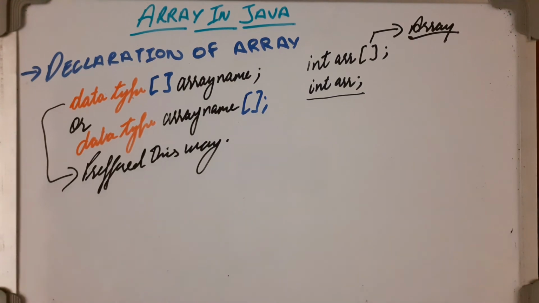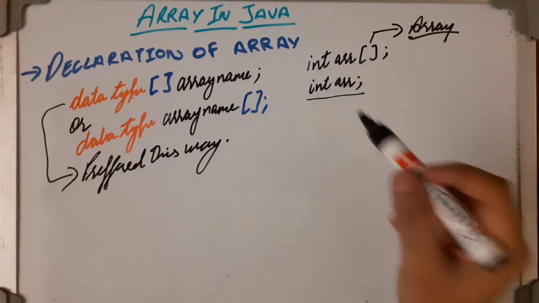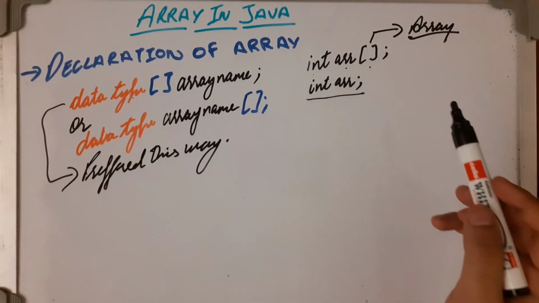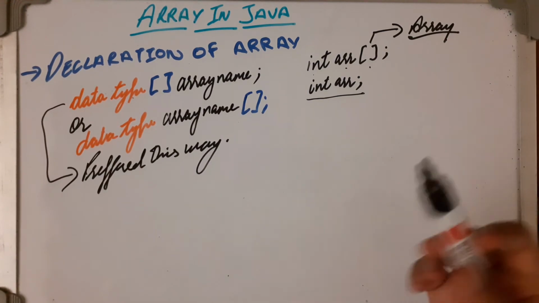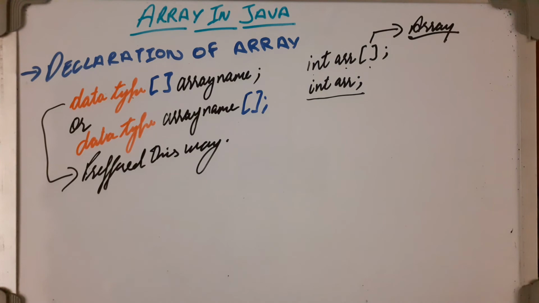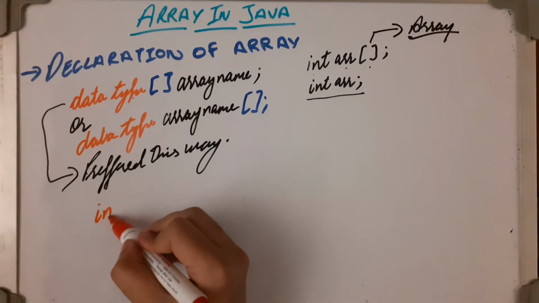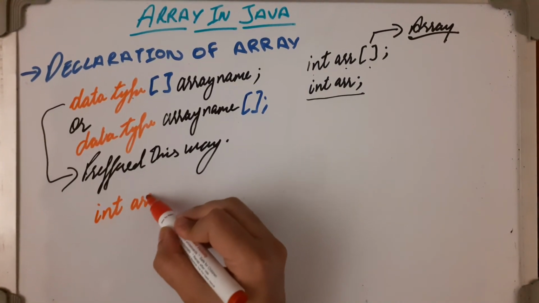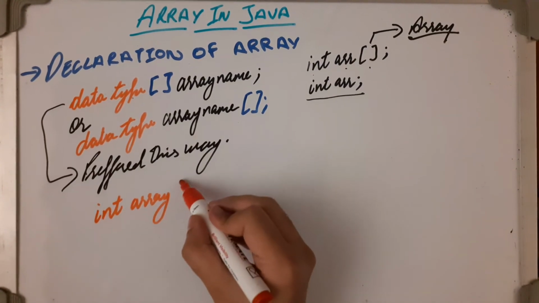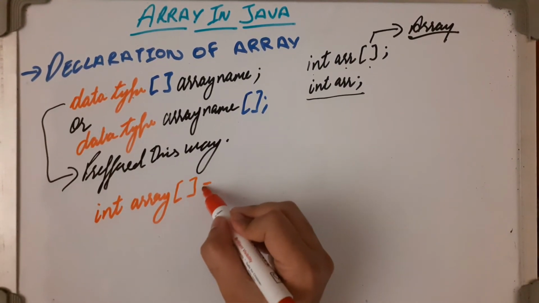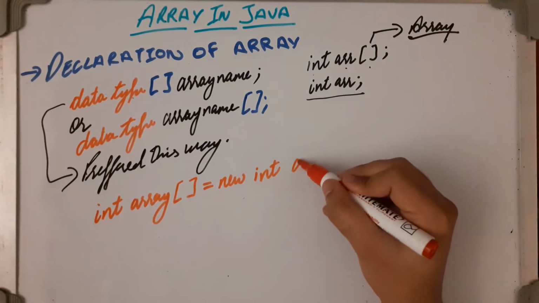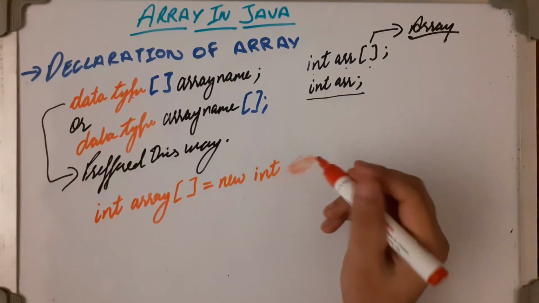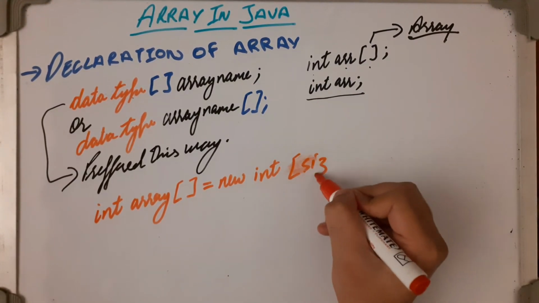Okay guys, now you have seen the declaration: integer, array name, and then square braces. Now you have a question: how to define the size of an array? Let me tell you. When we are declaring an array, int array, square braces, equals new int, and inside the square braces you have to write the size.